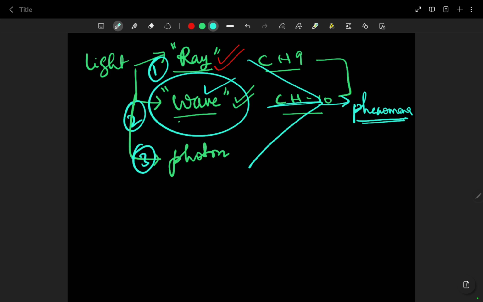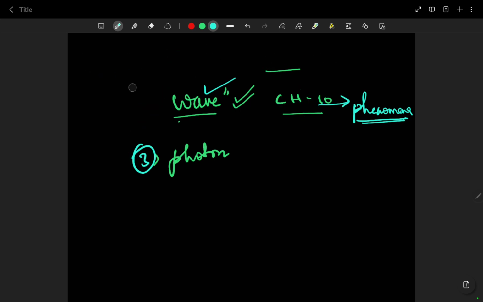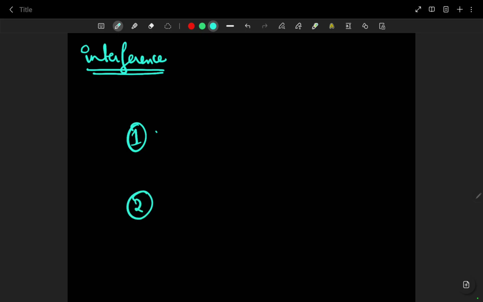The chapter starts with the most important discussion, which is going to be about interference. I have a few questions to ask you. What do you think it is going to be? In physics, it's about two light sources. For example, this is one light source and this is a second light source.